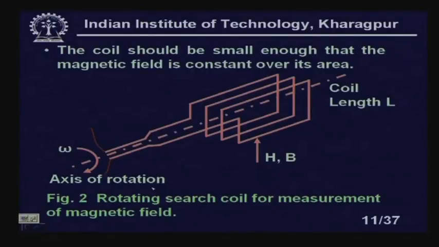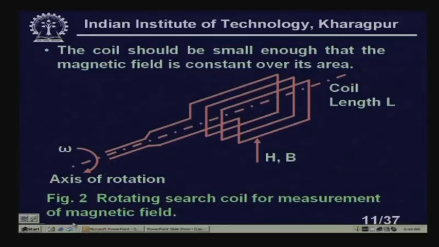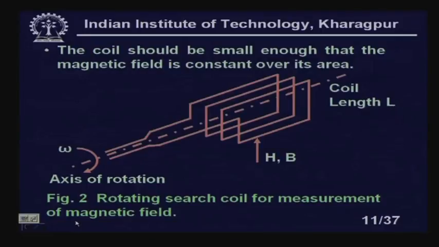So, this is our coil. Now, there is some constraint here. Please note, first of all, the coil should be of small size and the dimensions of the coil should be very well known. The exact precise geometry of the coil should be known to predict the value of the output voltage.